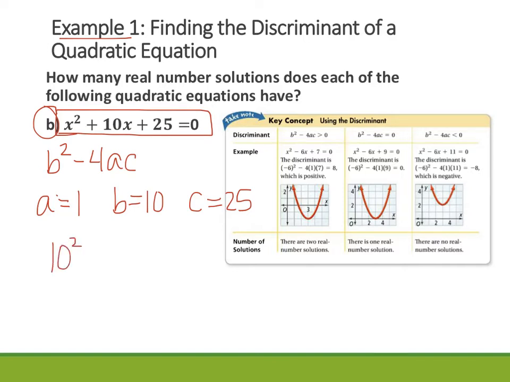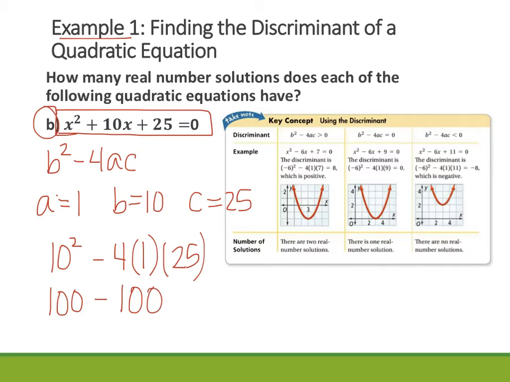So 10 squared minus 4 times a is 1 times 25. Well, 10 squared is 100, and I'm subtracting. 4 times 1 is 4, and 4 times 25 is also 100. So I have 100 minus 100, which is 0.